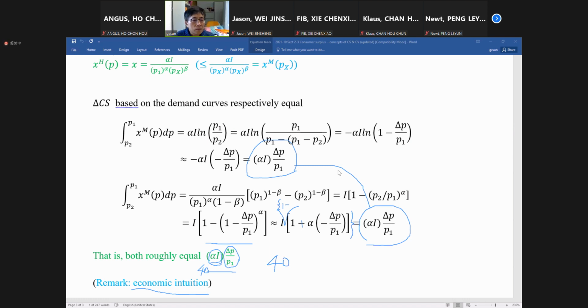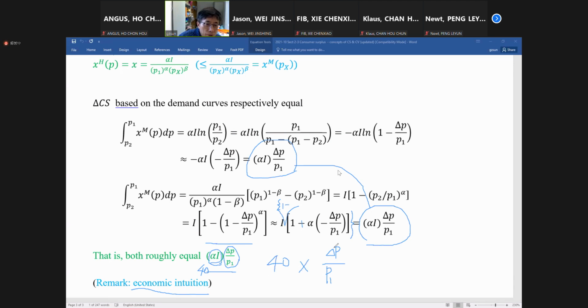And now the price drops. You ask me, what's the meaning of this for me? How much benefit can I get from this? So the idea is, this is the total income.